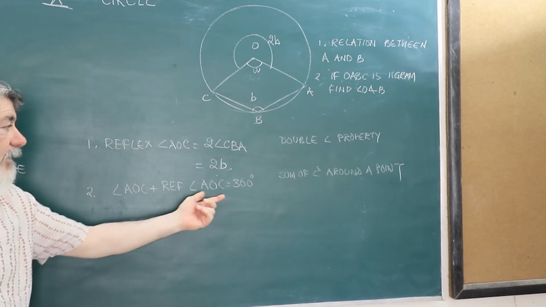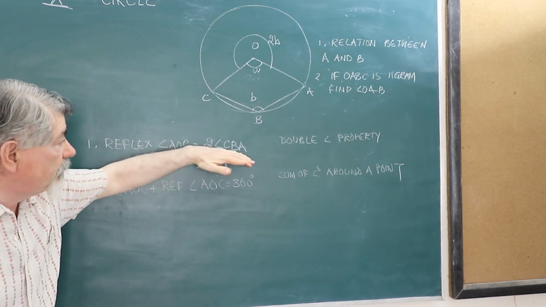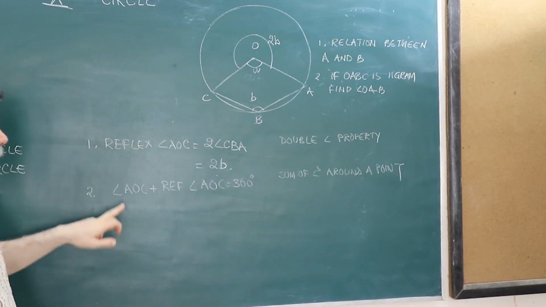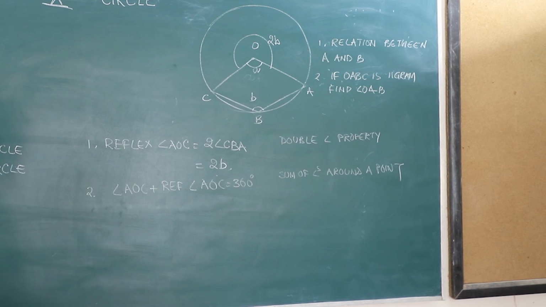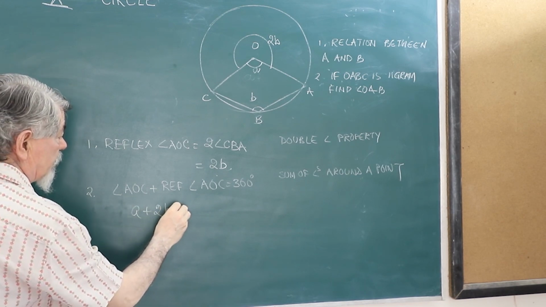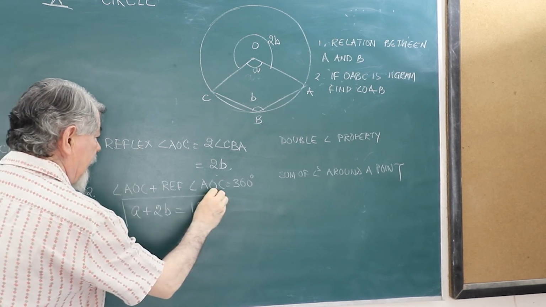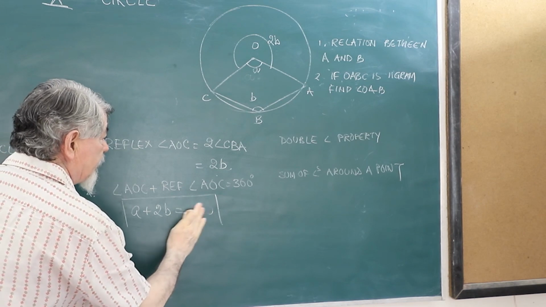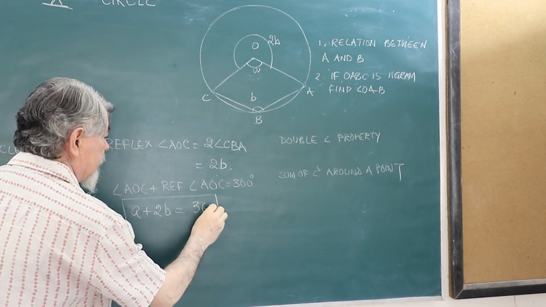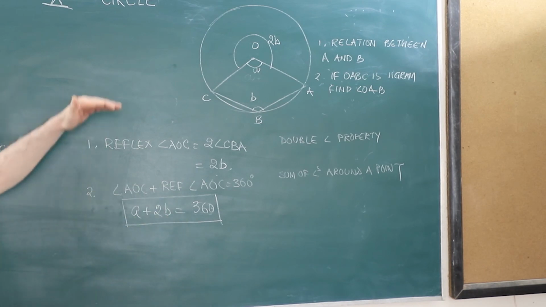Reflex angle AOC will be double of CBA, so it is 2B. AOC is given as A. So the relation between A and B is that A plus 2B is equal to 360 degree.